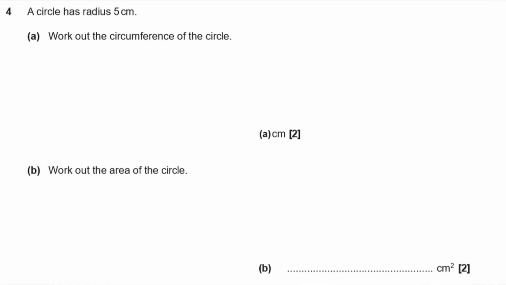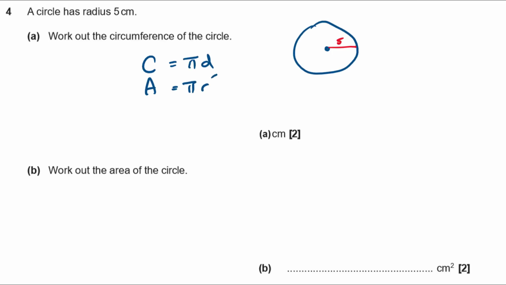A circle has radius 5 centimeters. Work out the circumference of the circle. Okay, so I've got a circle. Radius is the distance from the center to the edge. That's the radius. So this has got a radius of 5. Okay, so then to work out circumference, cherry pie delicious, apple pies are 2.